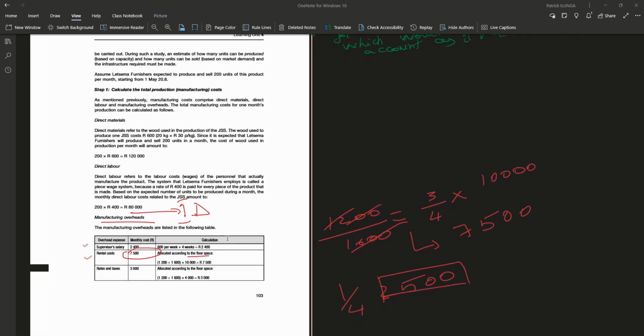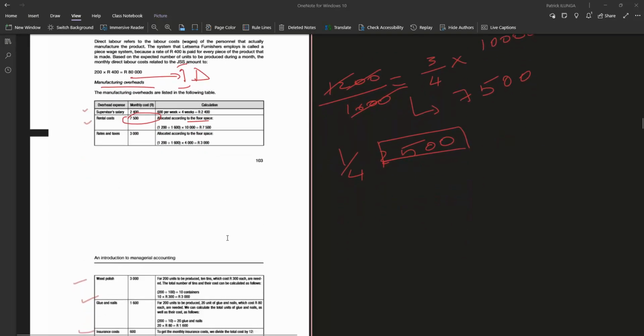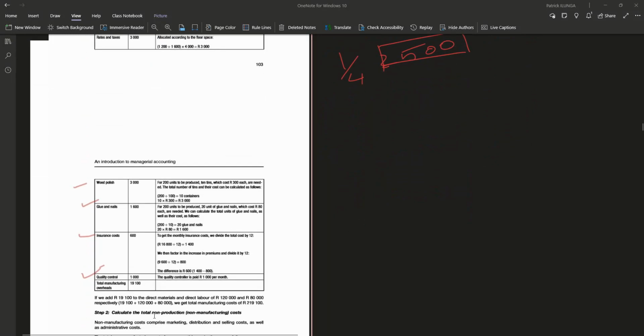And now we begin with the indirect material, manufacturing overhead. Every single thing that we've been saying, the solution is provided here. So I'm asking you to practice this by yourself to see if you get the total manufacturing overhead, because that's where you need to get it right.